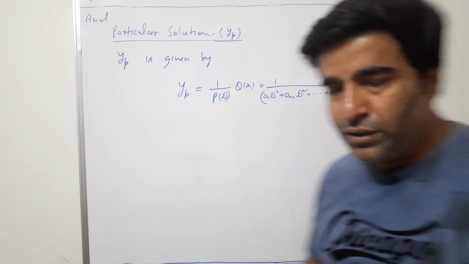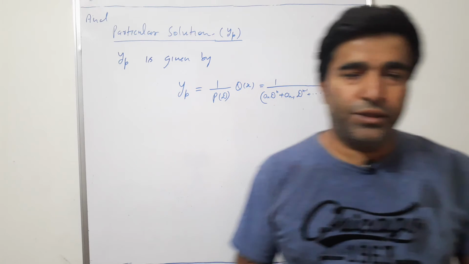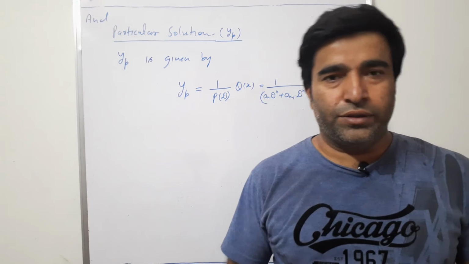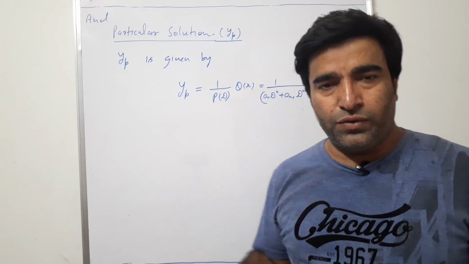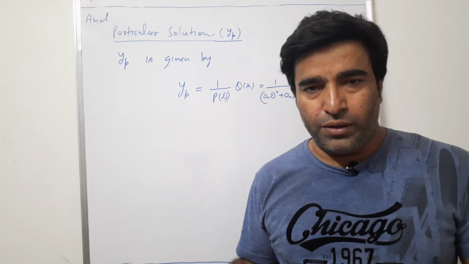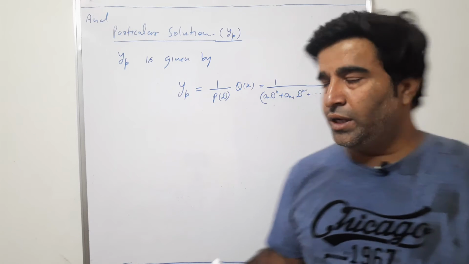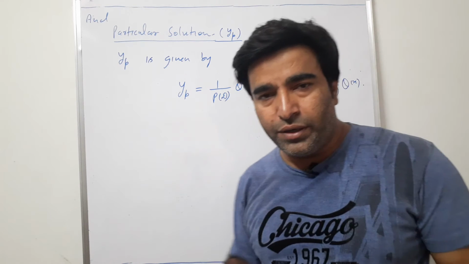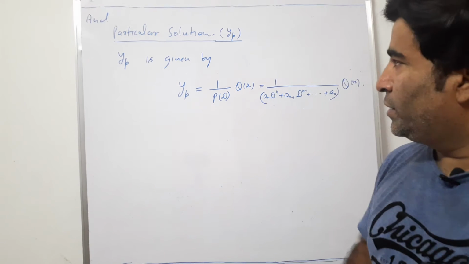So it is clear. Then we have a non-homogeneous linear differential equation with constant coefficient. First of all we find the complementary function, and second we find the particular integral.